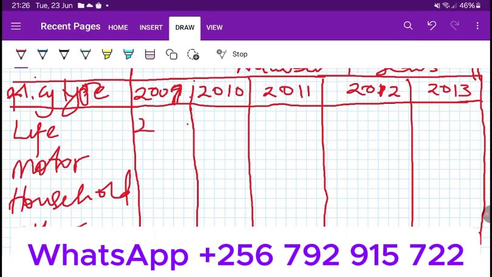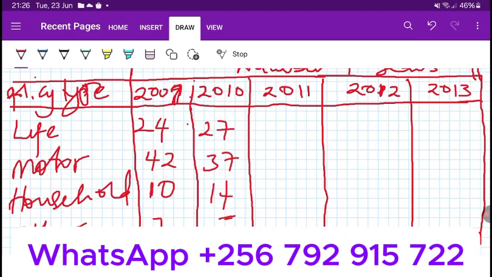So for this one we have 24, 42, 10, and 7. In 2010, we have 27 here, 37, 14, then 5. In 2011, we have 32, 31, 21 and 8.